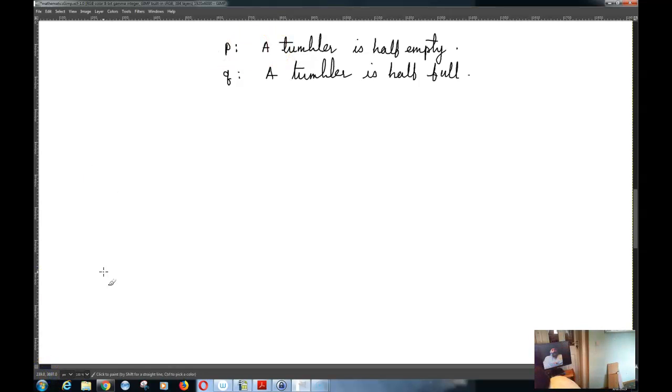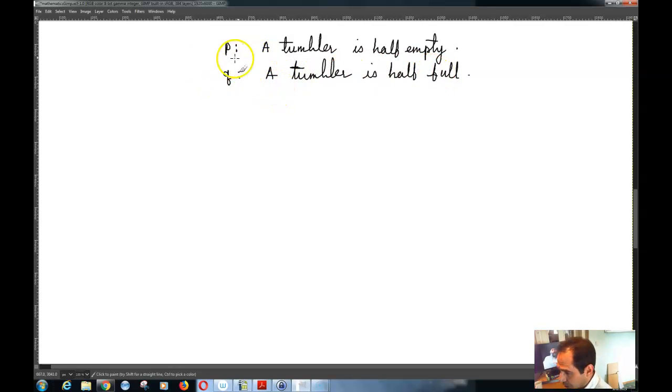Okay, so now in this situation you have two statements: the tumbler is half empty and the tumbler is half full.